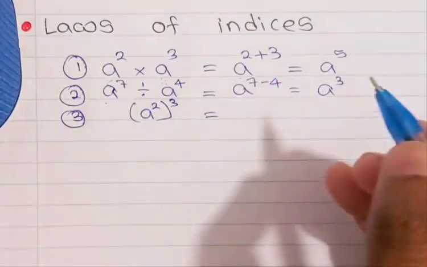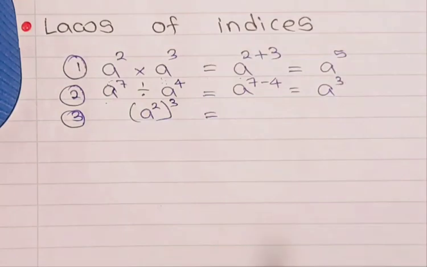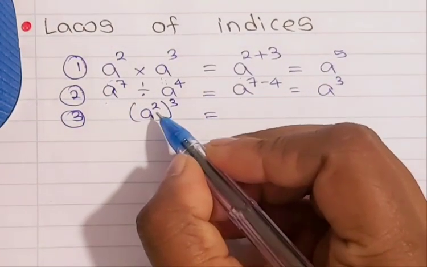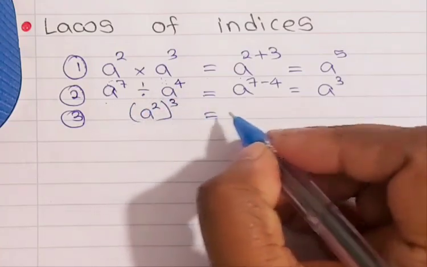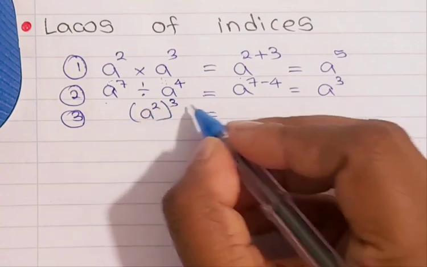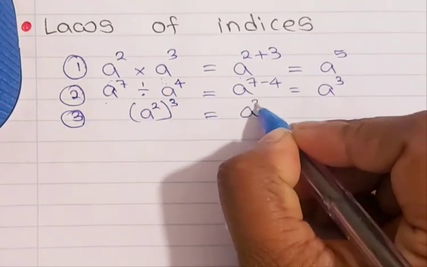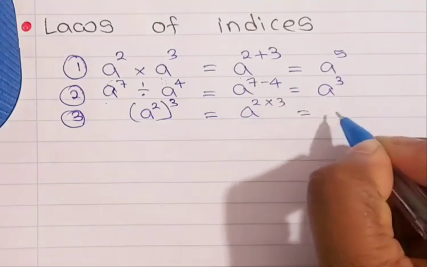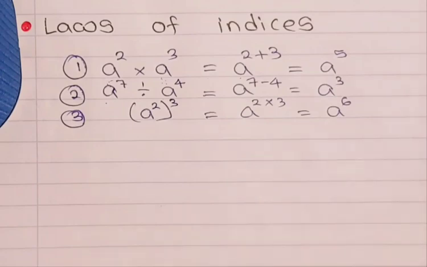In the numerical parts also, when you are simplifying the brackets, we are multiplying. This is called power of a power. So when you are simplifying the power of a power, you can multiply those two powers and get the answer, right? So a to the power 2 into 3. The answer is coming like a to the power 6. You have to understand it very clearly.